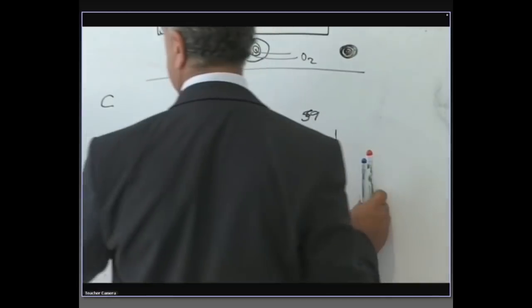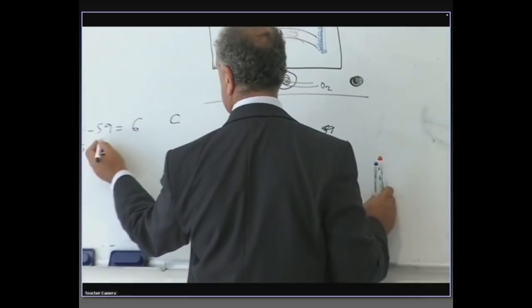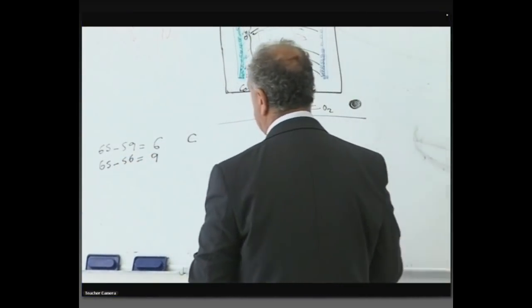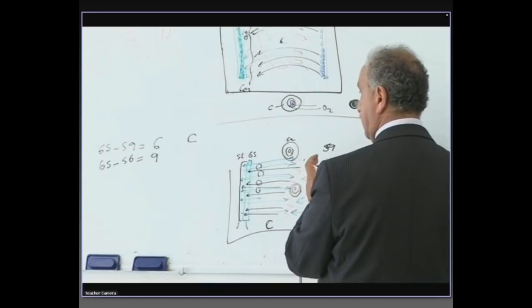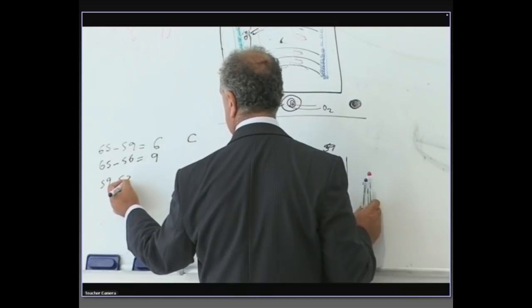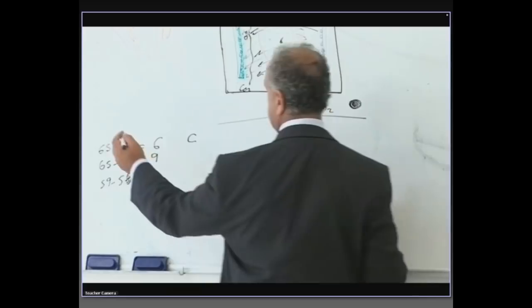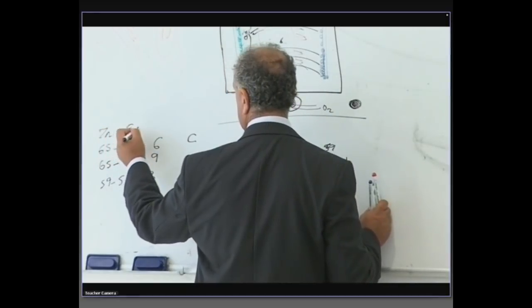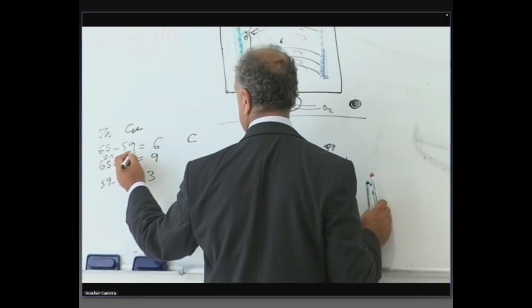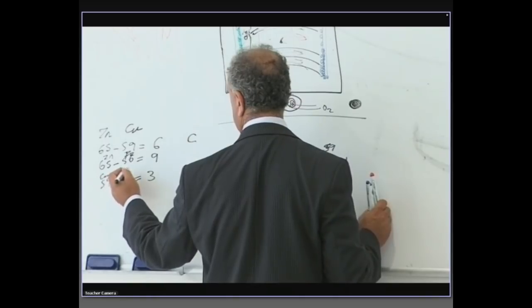You have 65 minus 56, which is 9. Then you have 59 by 56, which gives you 3. This is zinc, copper, zinc, iron. Then you have copper, iron.